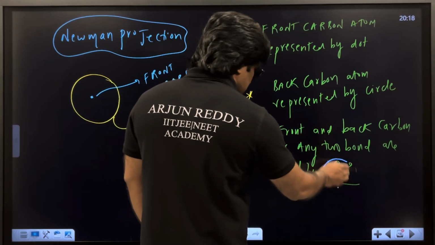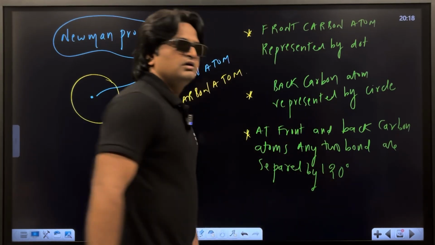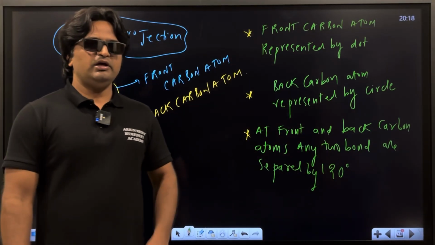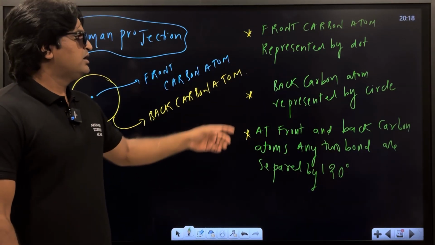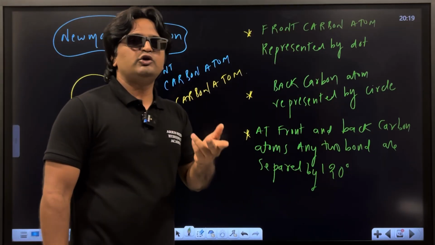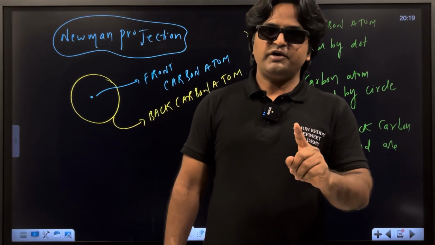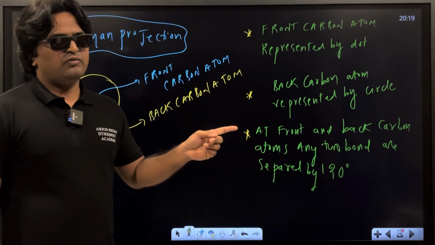Now these are the theoretical rules given by Newman. What is the first point? Front carbon atom represented by a dot, back carbon atom represented by a circle. And what is the bond angle between any two bonds at any carbon atom? At the front carbon as well as the back carbon atom, any two bonds are separated by a 120 degrees angle.